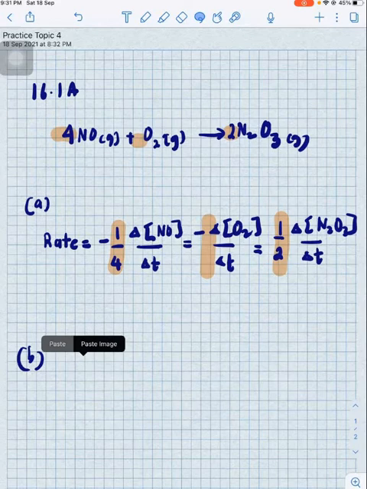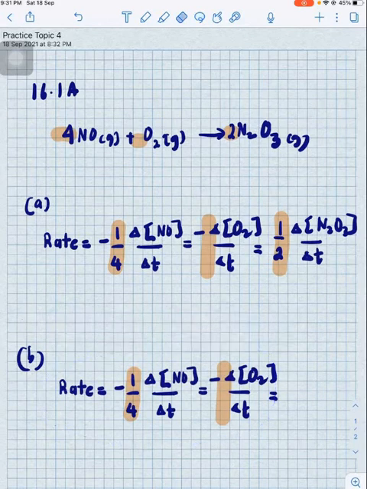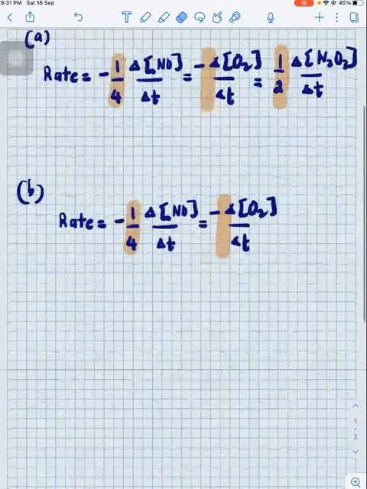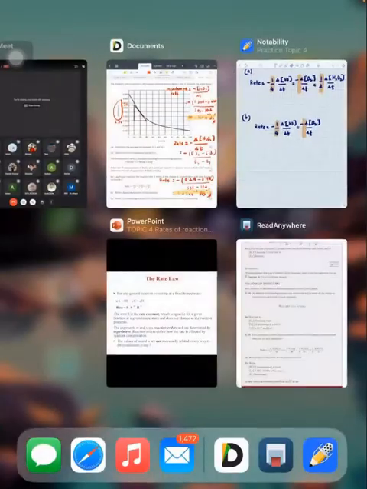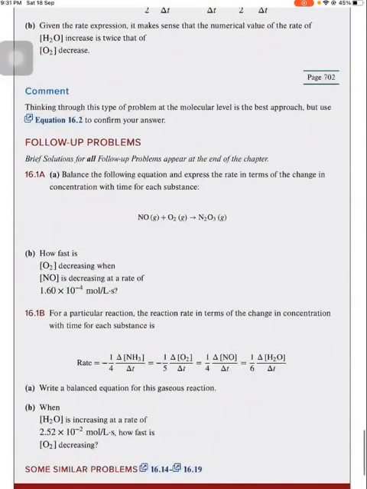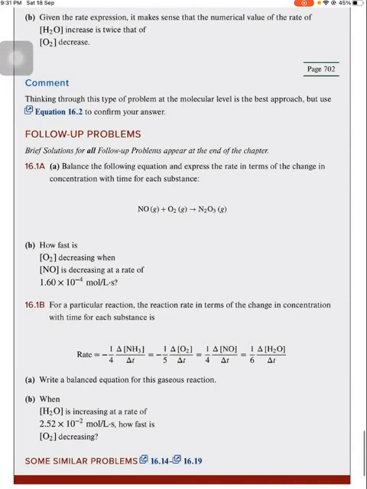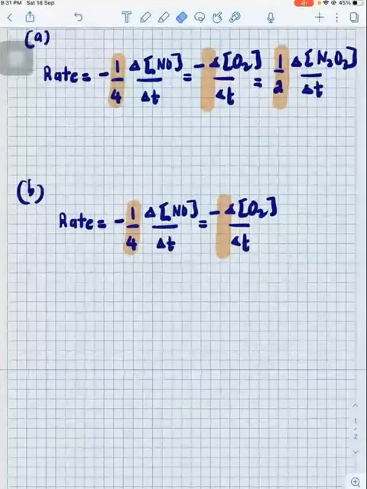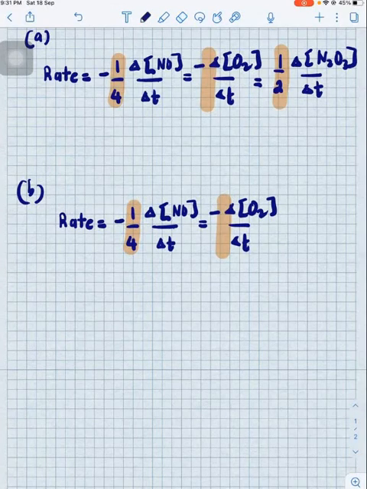This is what we want to find, and it was informed in the question that NO is decreasing at the rate of 1.6 times 10 to the power of negative 4. It means we substitute here for NO. So it equals negative 1/4, and given earlier, 1.6.